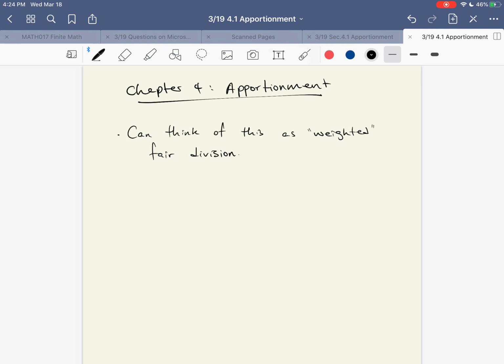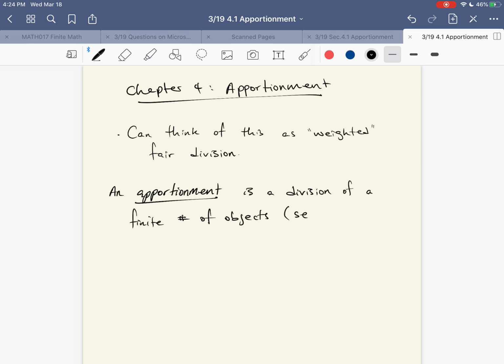An apportionment method is a division of a finite number of objects. We'll call these objects seats.